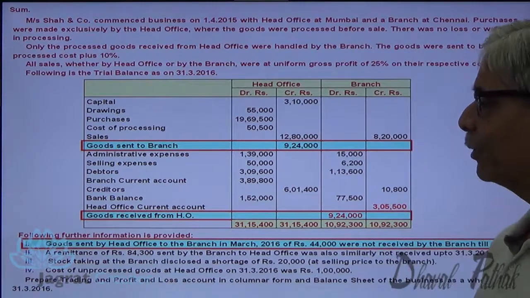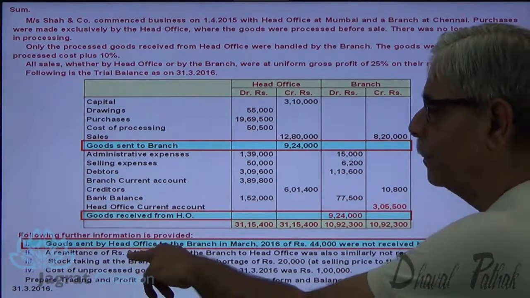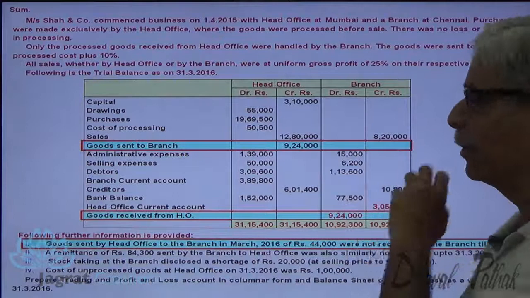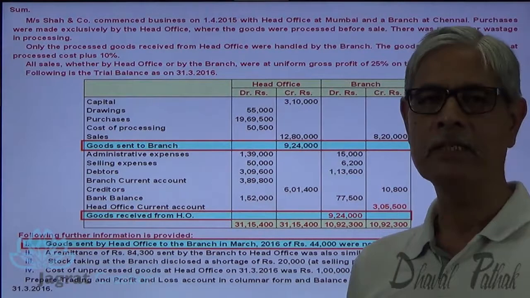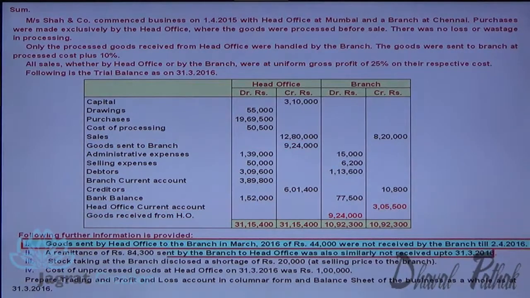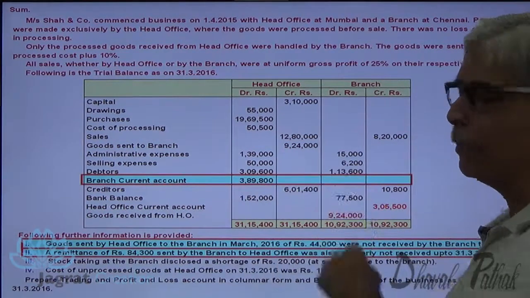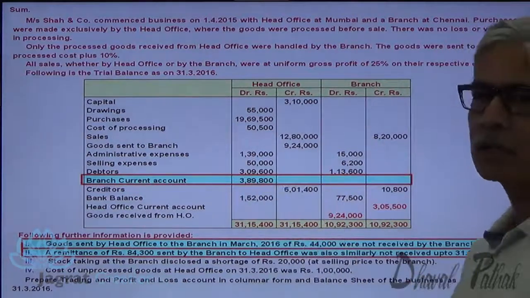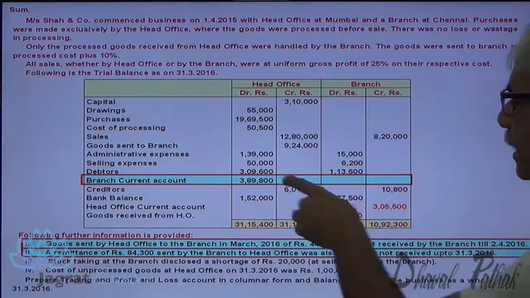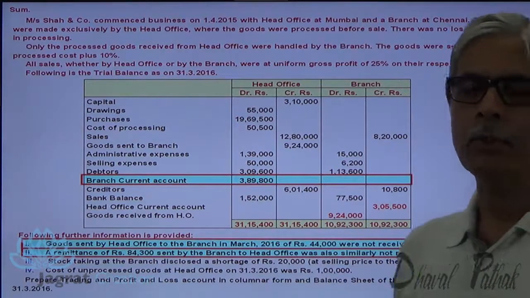Before I write the entry for cash in transit, let me confirm this 84,300 on the basis of the information of these trial balances. Here, branch account debit balance is 3,89,800. Here the balance is 3,05,500. What is the difference between these two balances?